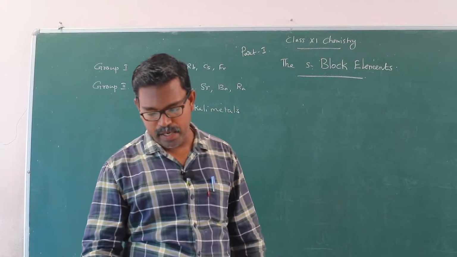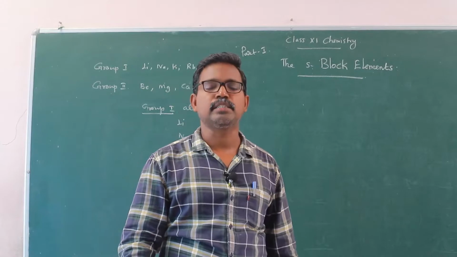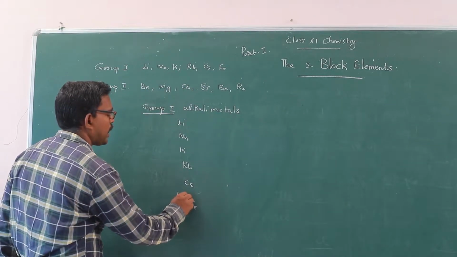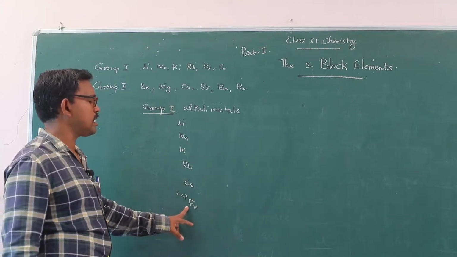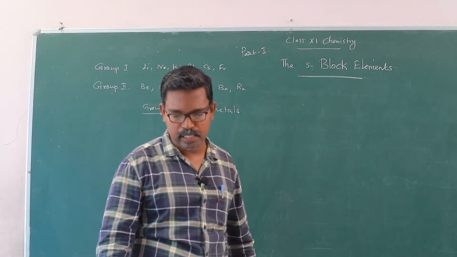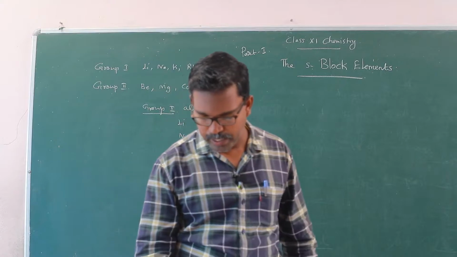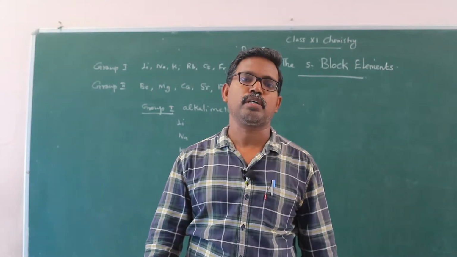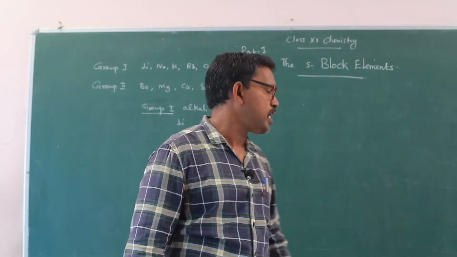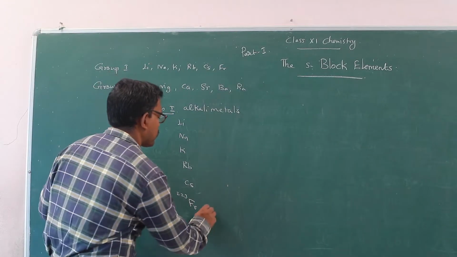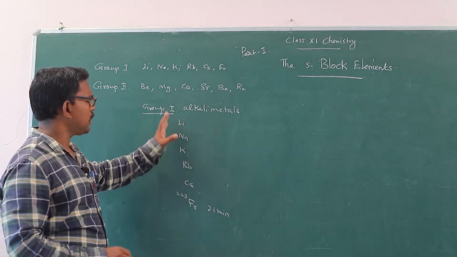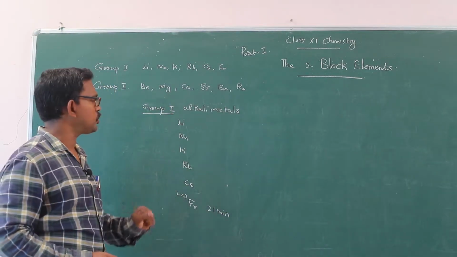Its isotope francium-223 is the most stable isotope of francium, and its half-life period is 21 minutes. So these are the elements and their abundance.